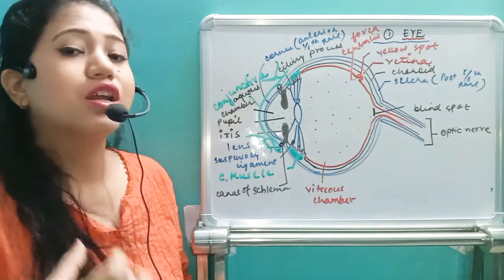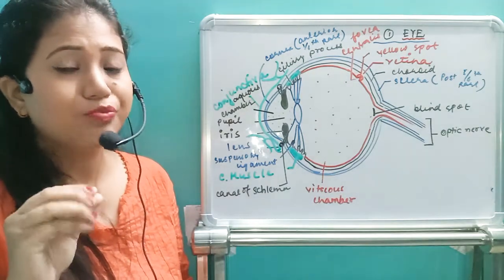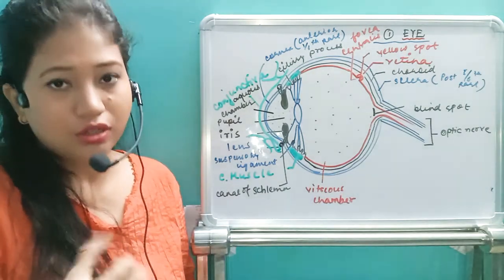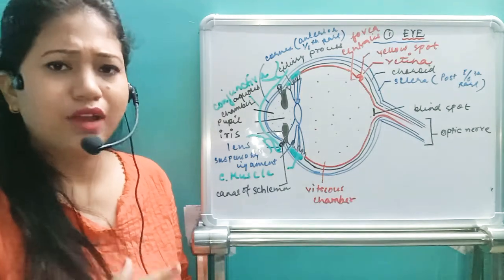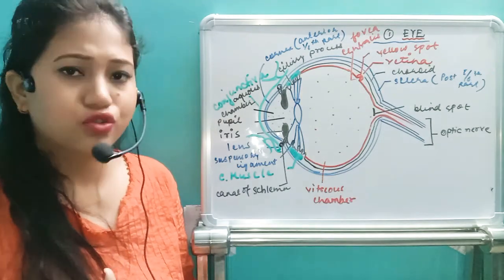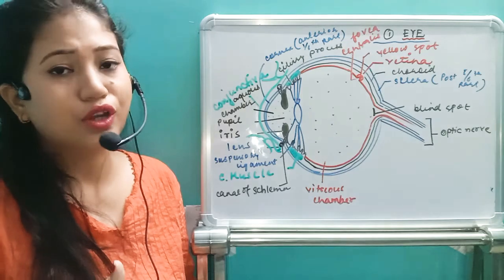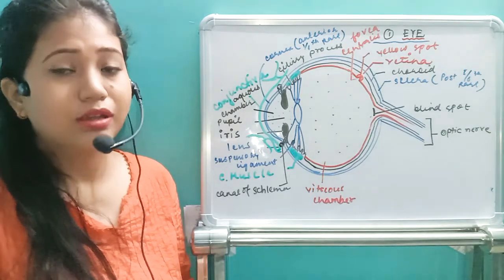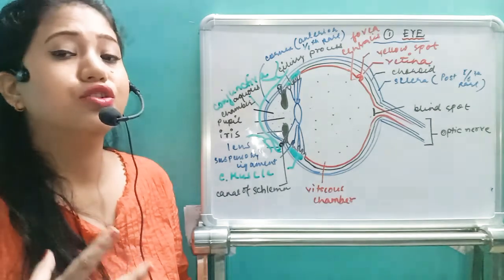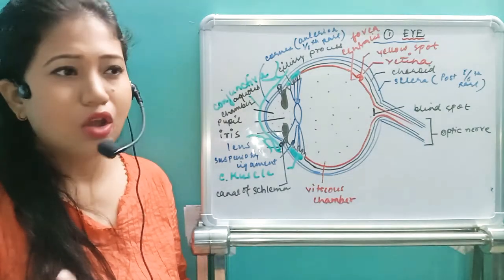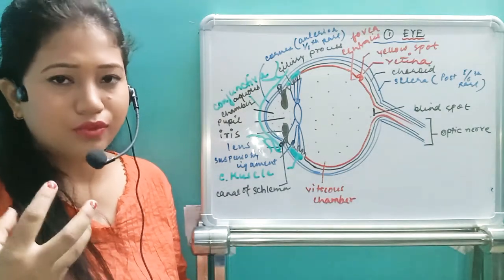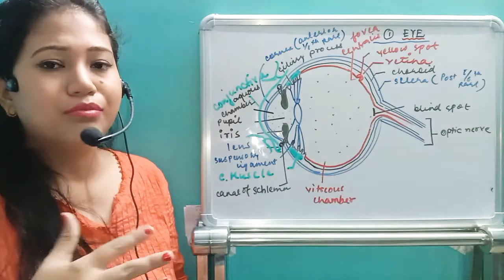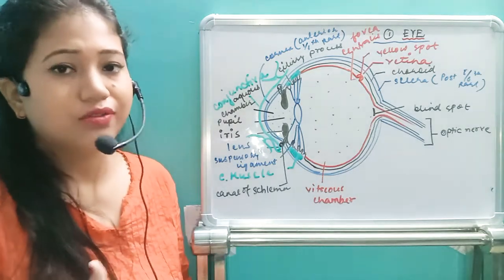So these cones are going to give us the colored vision, right? Otherwise we have rods also, and cones also, in the retina. When the light is proper, when there is bright light, we are able to see the different colors or shades of light.